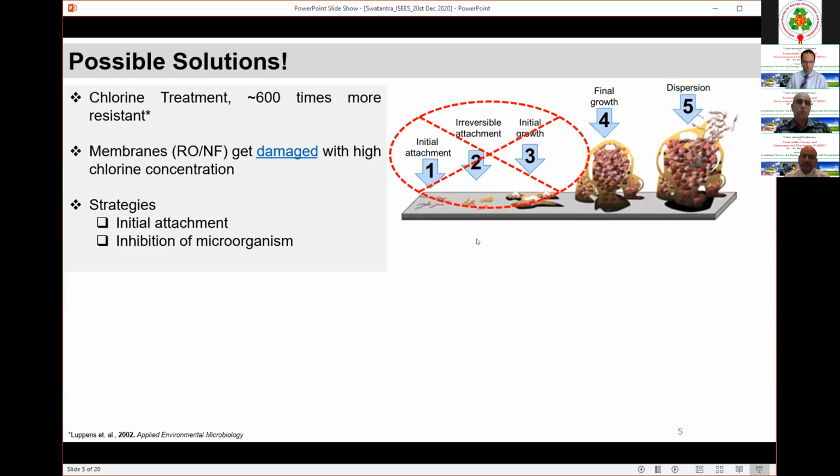So the strategy, if you recall, we were talking about initial attachment, it's very crucial. So scientists are going in a direction where they are trying to stop the initial attachment, or if the organism attaches after that, then put something on the membrane that can inhibit the organism.